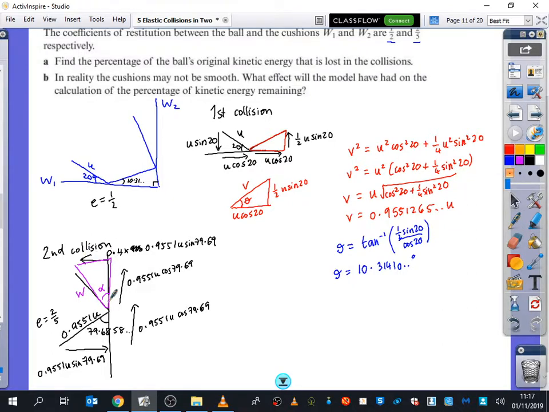Now we're going to look at Pythagoras here. So we know that W squared is equal to this squared plus this squared. I'm going to actually just factorize out the u squared straight away.